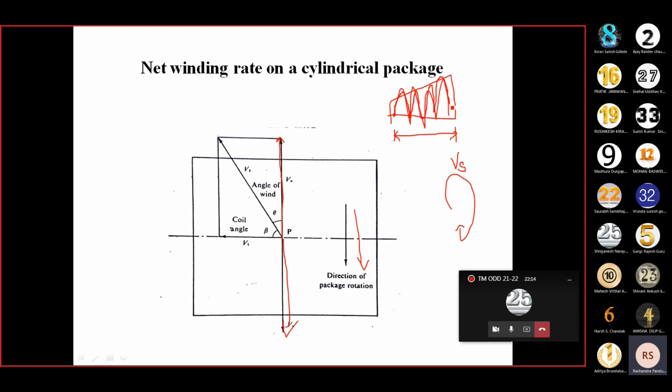You have to reach the other side of the package, and again from the other side you have to reach the initial point, not exactly the initial point. Some gain is required in order to avoid patterning, but ultimately you have to reach the starting side. That we call a double traverse.